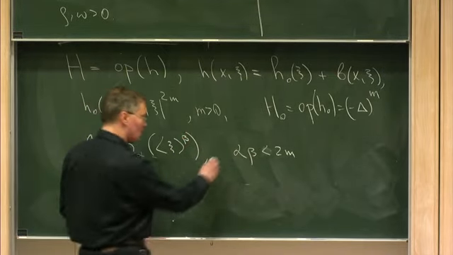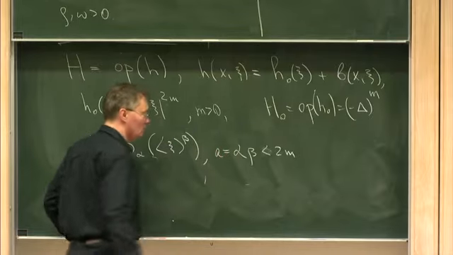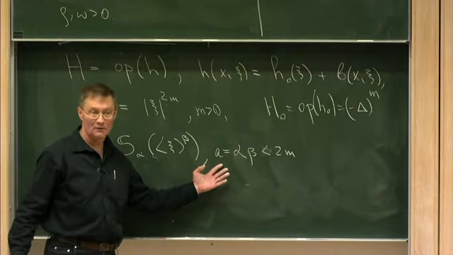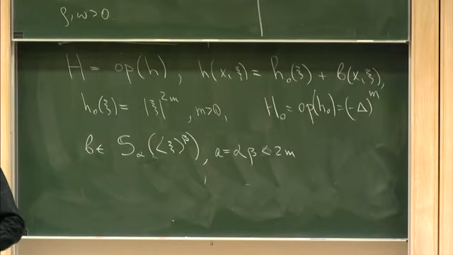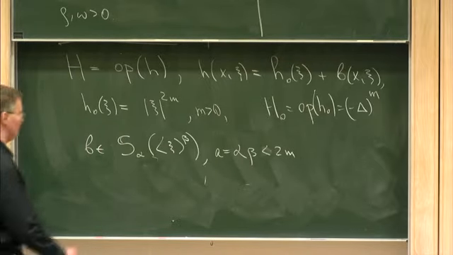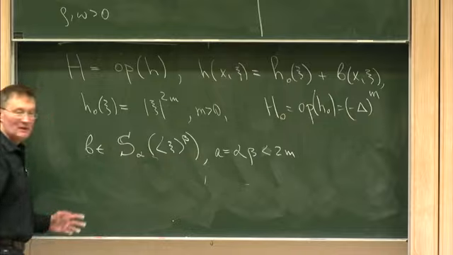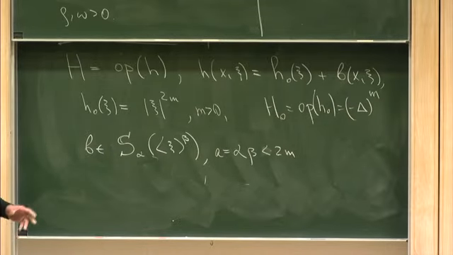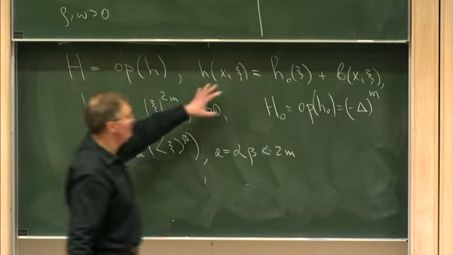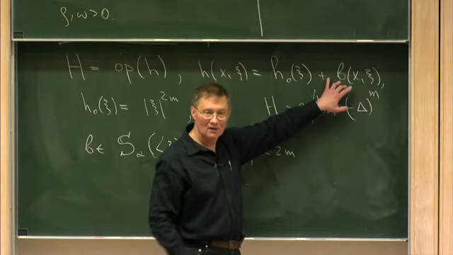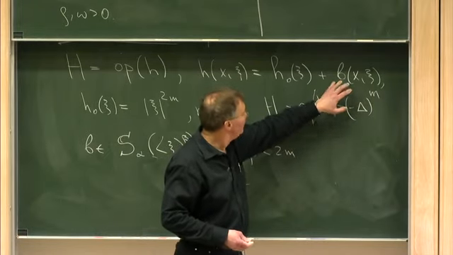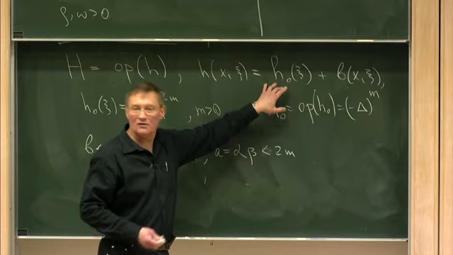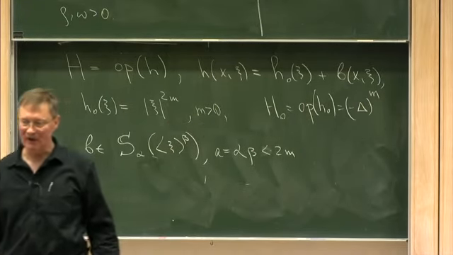And this quantity is natural to be called the order of the perturbation. It is not exactly precise, but we will refer to that as the order. So a bit later, we will see that indeed this perturbation is infinitesimally small with respect to operator H naught, so it is defined on the same domain.